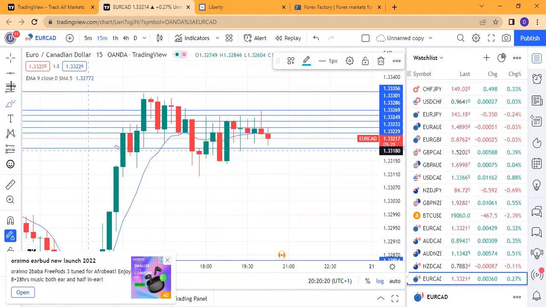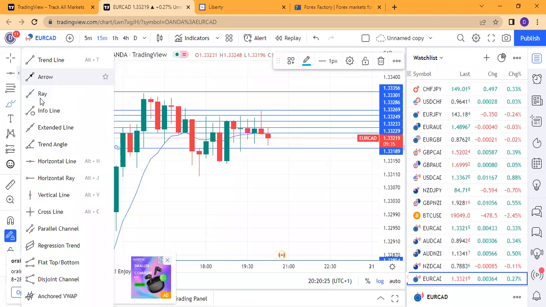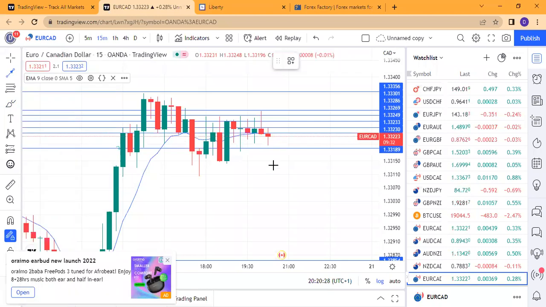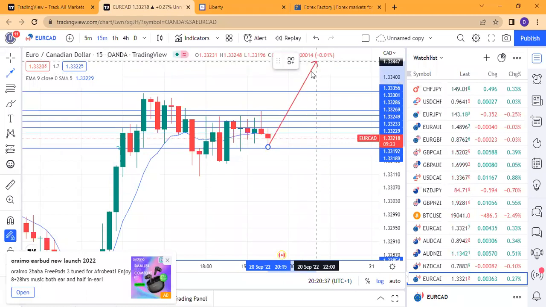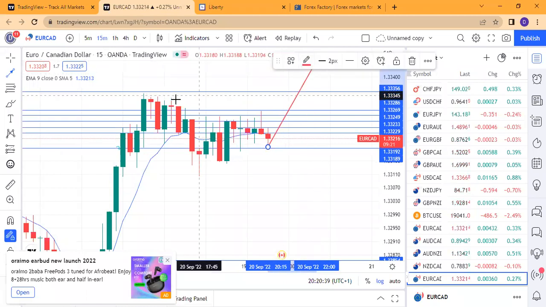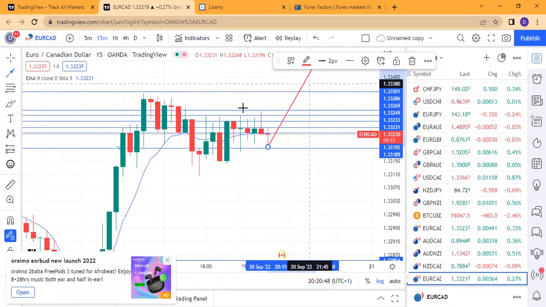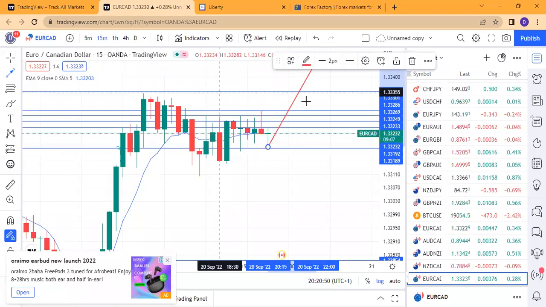What I'm going to be looking at now is a break and retest. Now what I'm waiting for is a break and retest. I'm waiting for this market to break this, because the market has not broken this. The market has not broken any of these roofs.